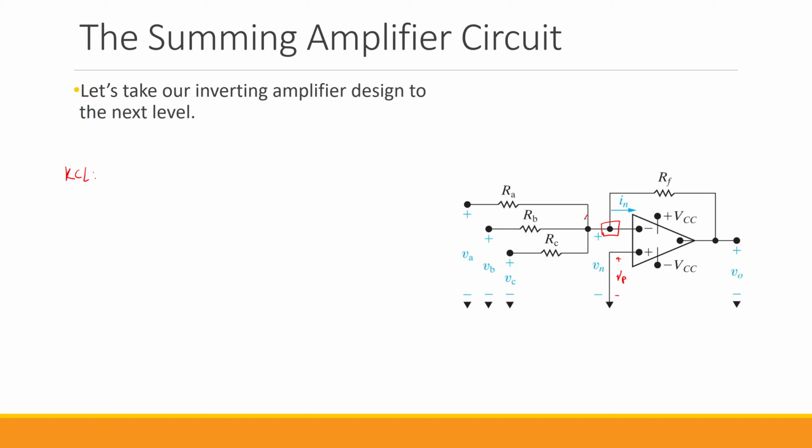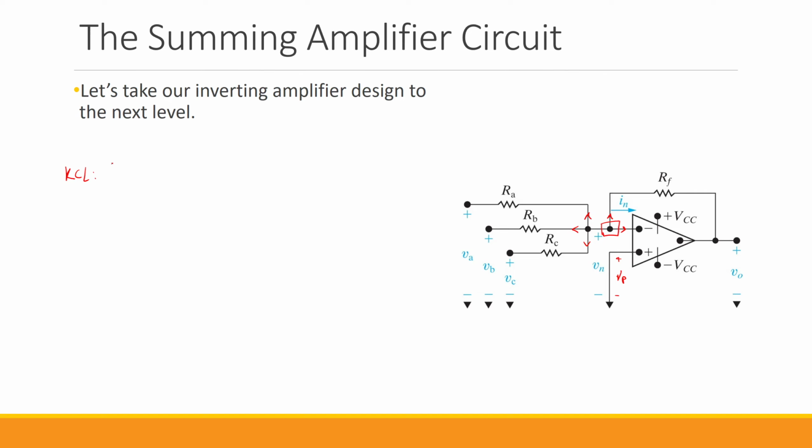We consider three exiting currents that go through each one of these, another exiting current that goes through RF, and then another one that exits this node and goes through the inverting input of the op-amp.